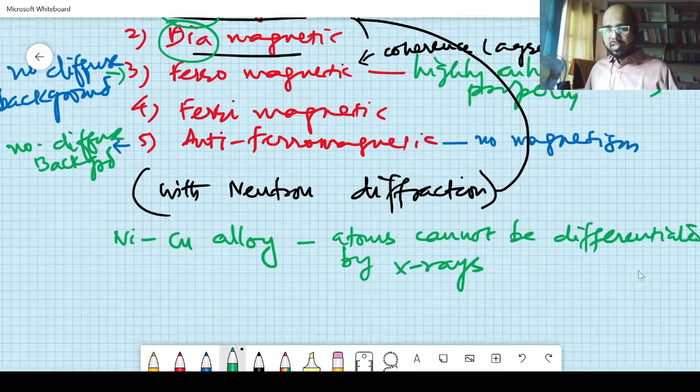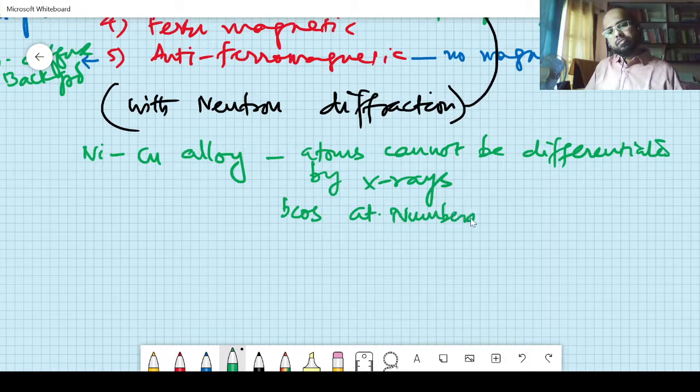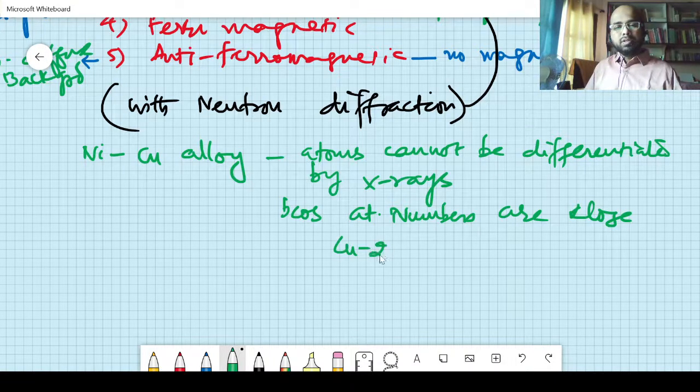This is because their atomic numbers are very close. For example, copper is 29, nickel is 28. So you get peaks that are very close to each other.